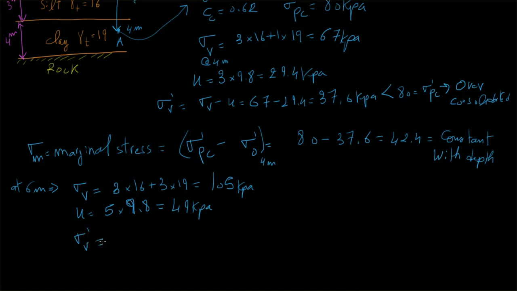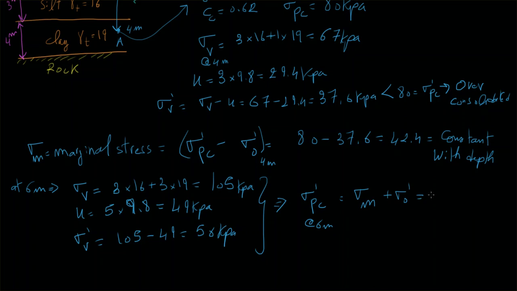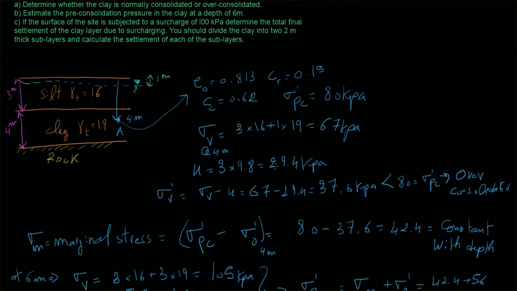So the effective vertical stress is 105 minus 49, which is 56 kPa. Therefore, my sigma PC at 6 meters is the marginal stress plus sigma dash naught at 6 meters. So 42.4 plus 56 equals 98.6 kPa. And that's part B.